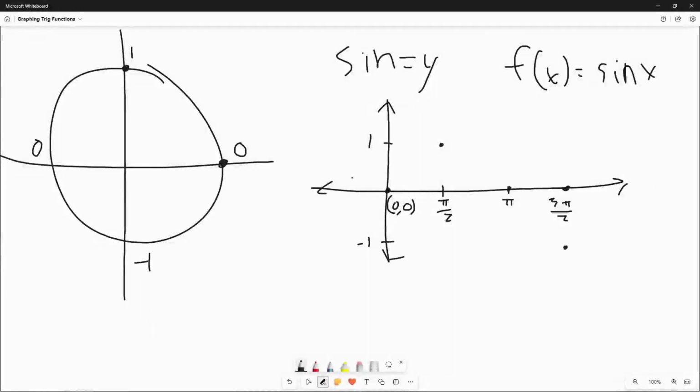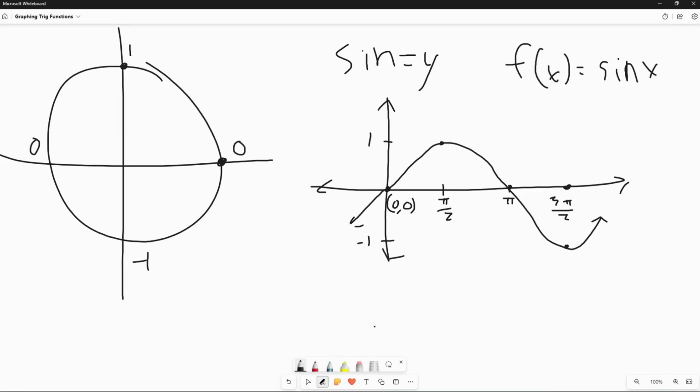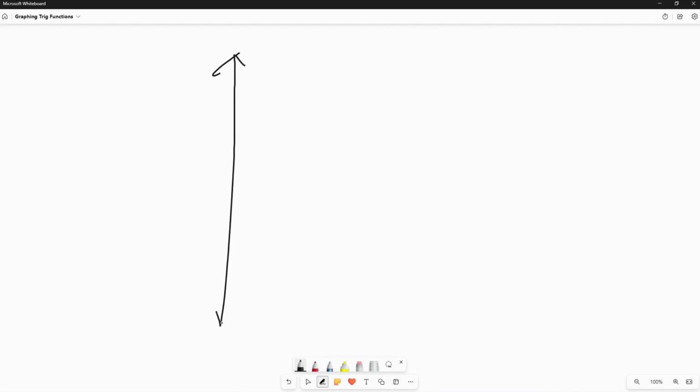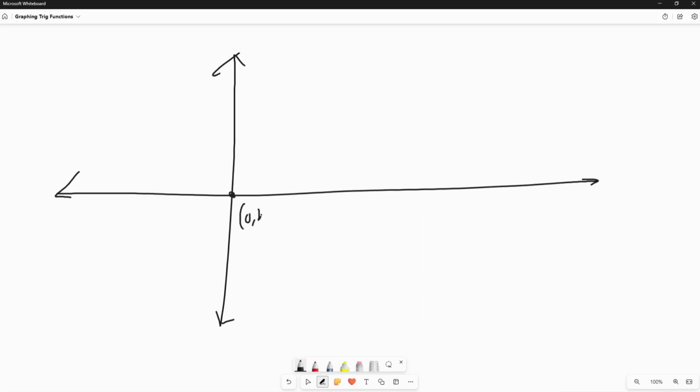It's like this. Draw the points like this. It's not the greatest, but it's going to look something like this. I'm going to redraw the graph so it's a bit easier to understand. This is the y-axis, this is the x-axis, and we already figured out there's a point at (0, 0).